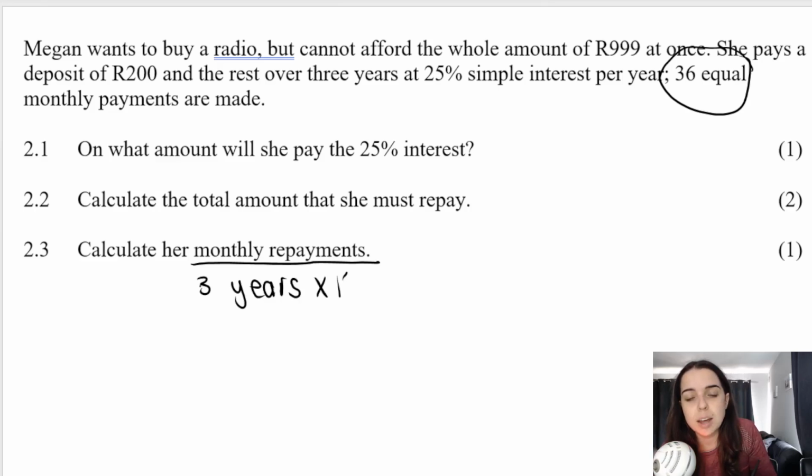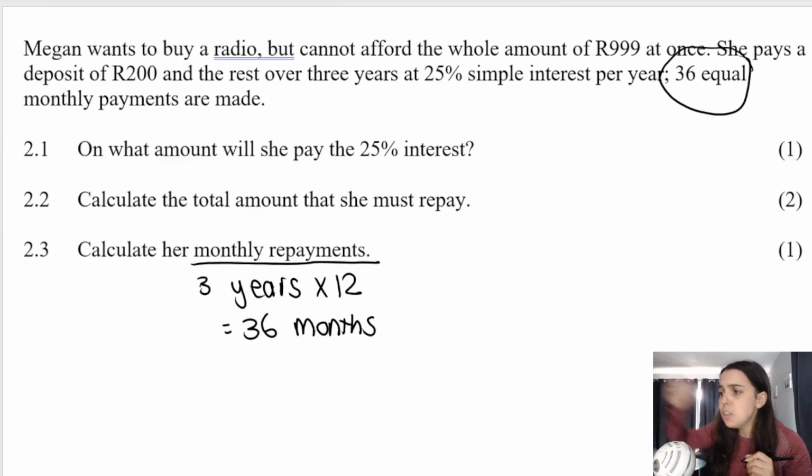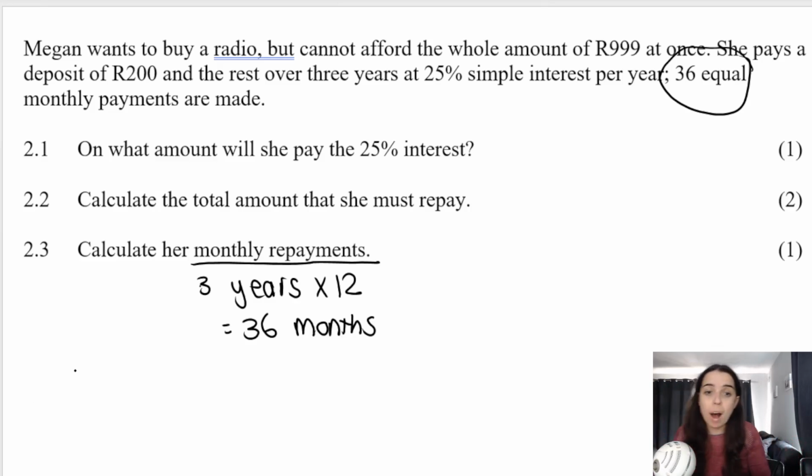So 3 years times 12 is 36 months. But how much is she going to pay in each of those 36 months? Well, you need to take the total amount that she's going to pay, which is your answer from 2.2, and divide it by 36.